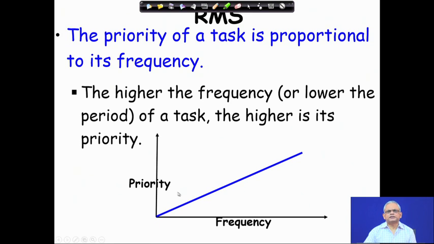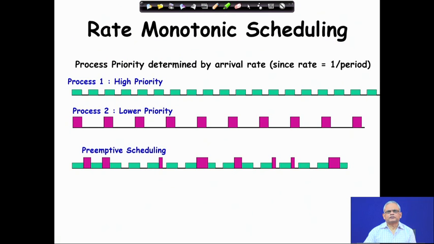So, the priority is an increasing function of the task arrival rate. Just to give an example, look at task 1: it is repeating frequently, its rate of arrival is very high compared to task 2, whose rate of arrival is lower, and therefore task 1 has higher priority and task 2 has lower priority.